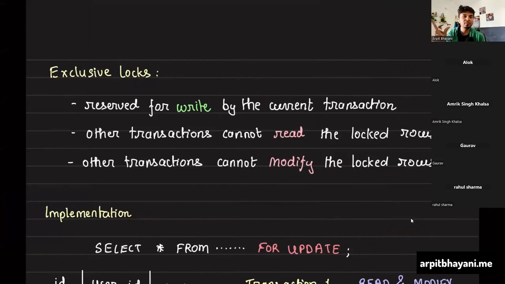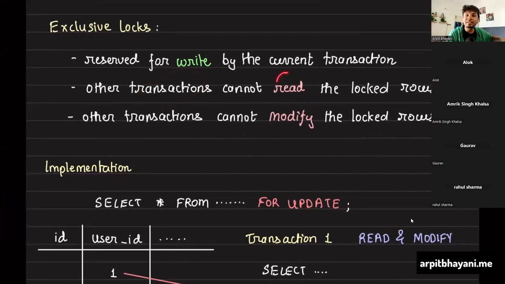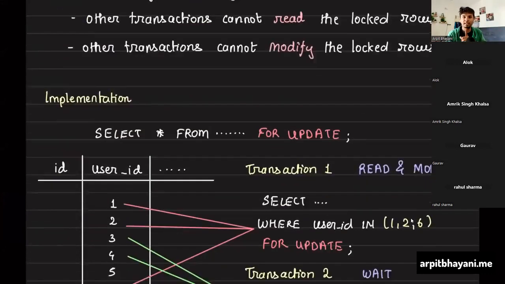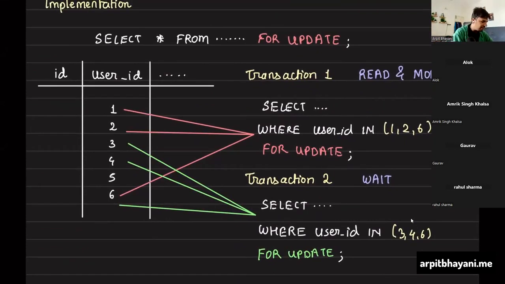Then there is another class of locks, which are exclusive locks. Now, an exclusive lock is really strict, where it does not even allow other transactions to read the locked rows. So how do you take that? Select star from the table for update. When you end your SQL query with FOR UPDATE, it means that whichever rows are selected as the output of the select query, take an exclusive lock on them.